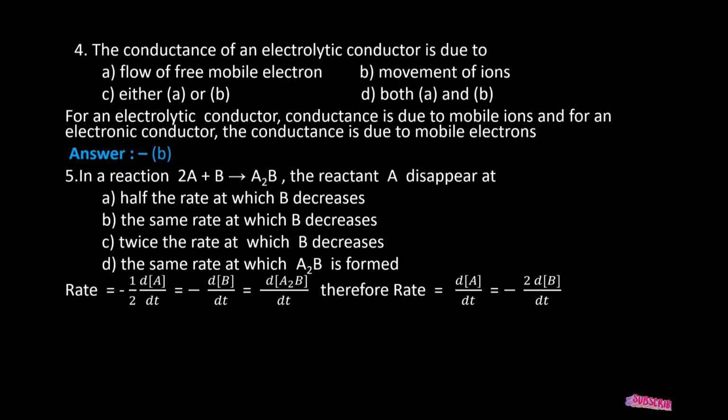Therefore the reactant A disappears at twice the rate at which B decreases. Therefore the correct answer for this is option C, twice the rate at which B decreases.